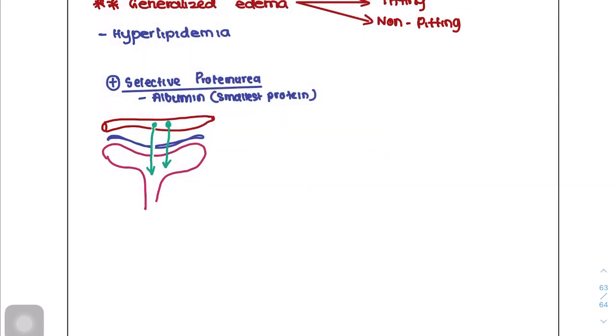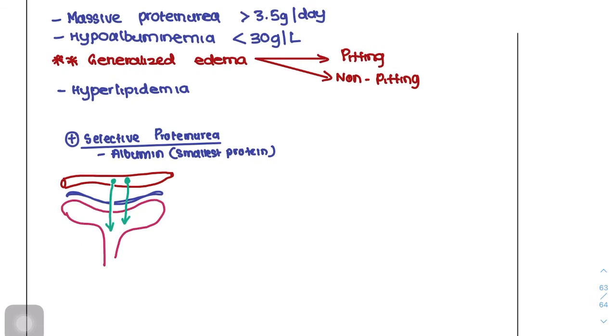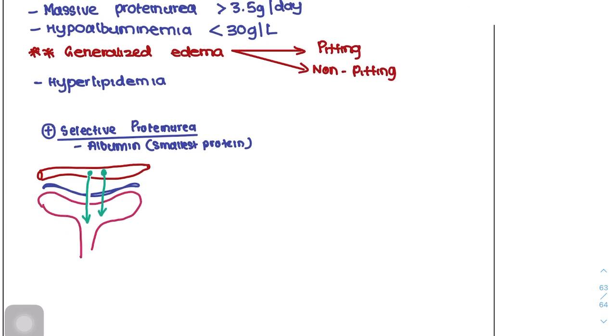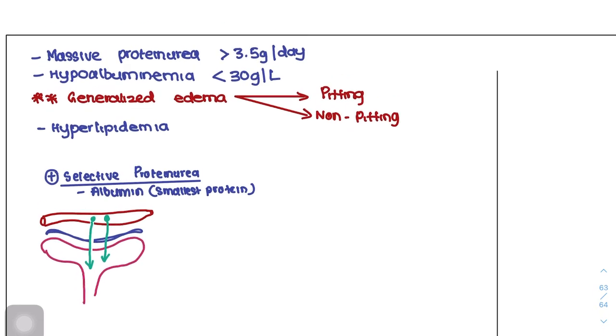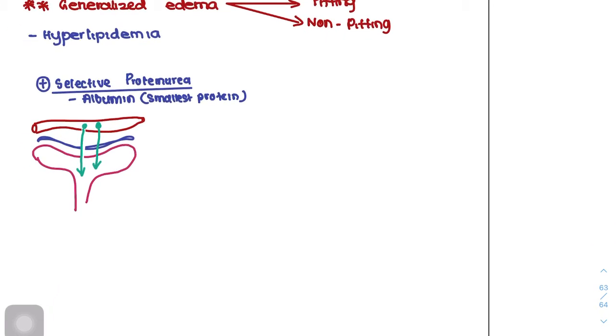Next, we have sub-nephrotic range proteinuria. Now I told you proteinuria must be more than 3.5 grams per day to be considered nephrotic syndrome.